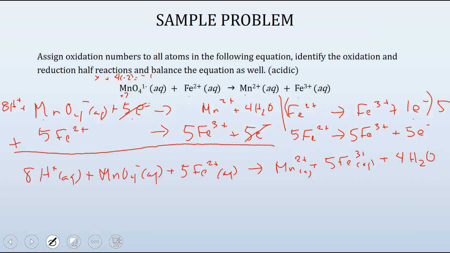Okay, so now I'm double checking everything to make sure everything's right. I've got 8 hydrogen over here, 8 hydrogen over here. I've got 1 manganese, 1 manganese. I've got 4 oxygens, 4 oxygens. 5 iron, 5 iron. So everything is good, and this is the reaction.